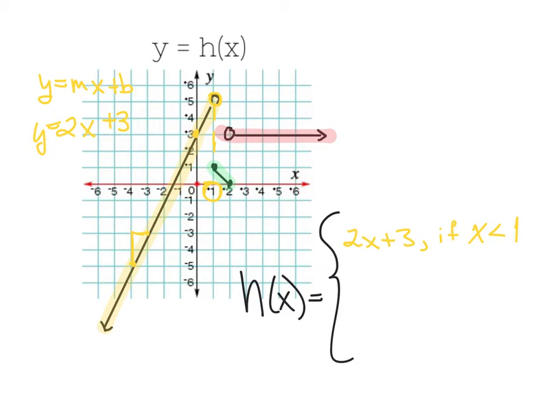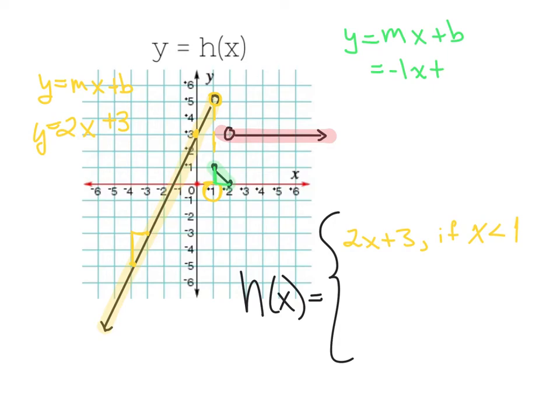The next piece in the function is that short little line segment in green. And once again, that is a line, so we are going to need something in the form y equals mx plus b. I can identify the slope pretty easily because from one point to the other, I go down 1 and over 1. So that means our slope is going to be negative 1.